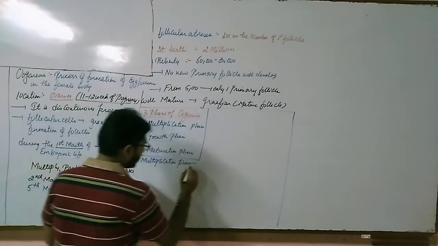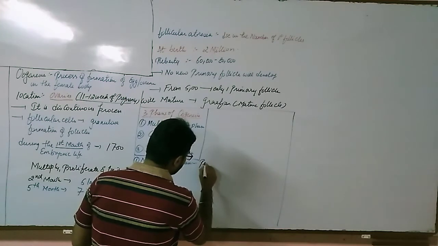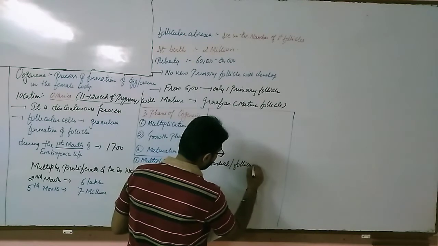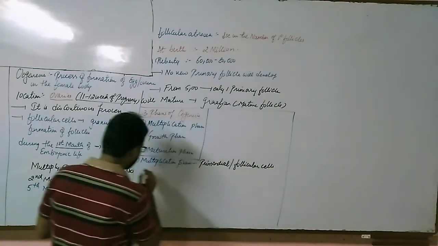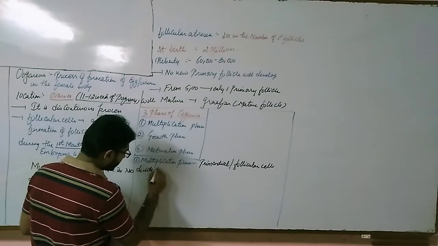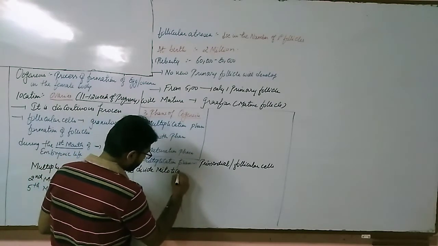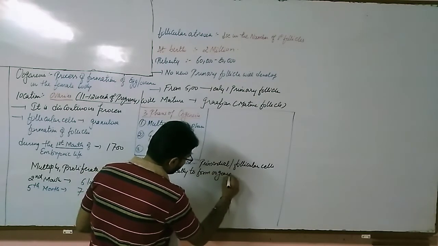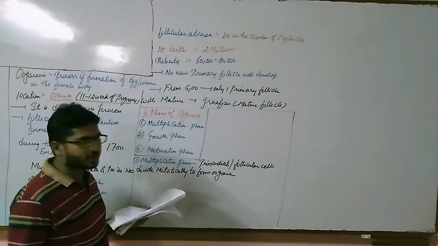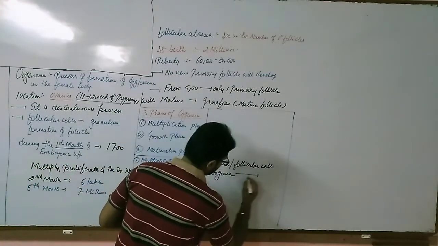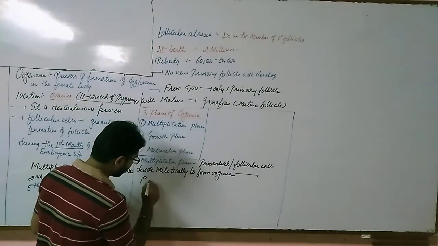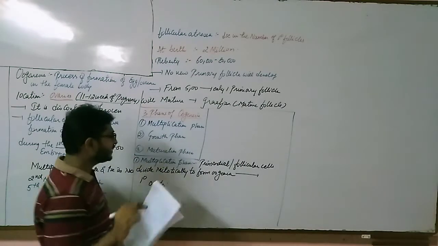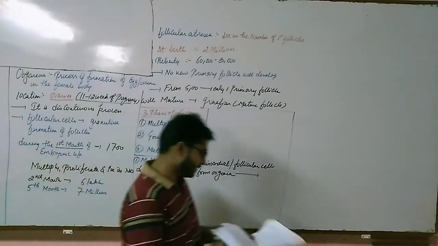So you can write that primordial or follicular cells divide mitotically to form oogonia, and this oogonia undergoes one more mitotic division to form something that is called primary oocyte. Right? So this is the first step, that is the multiplication phase.